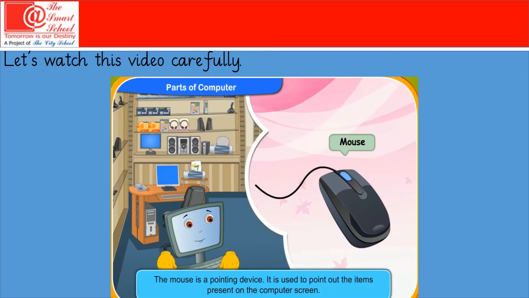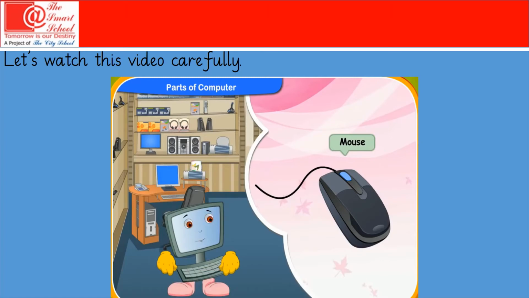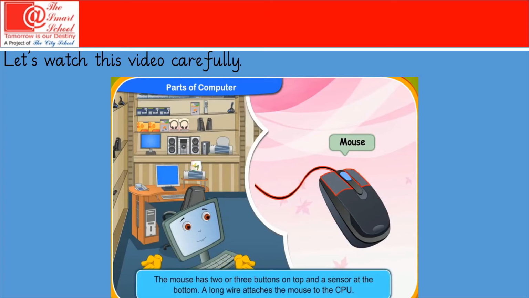Yes, Kliko. I know that the mouse is used to point out the items present on the computer screen. Right, Rennie. The mouse has 2 or 3 buttons on top and a sensor at the bottom. A long wire attaches the mouse to the CPU.